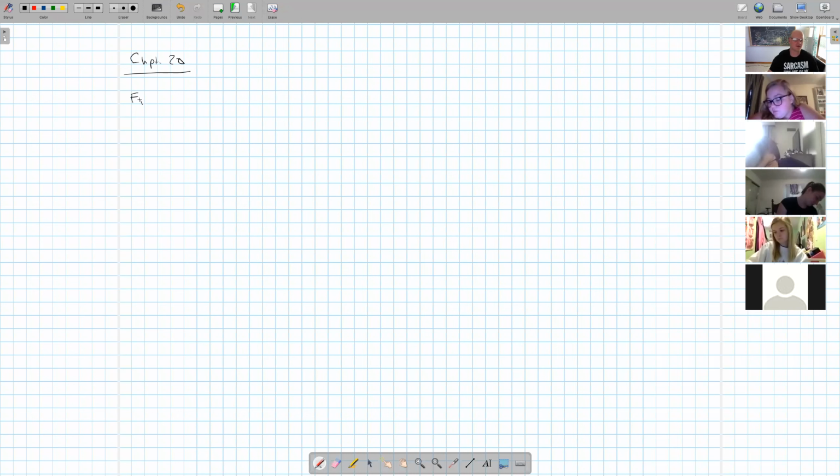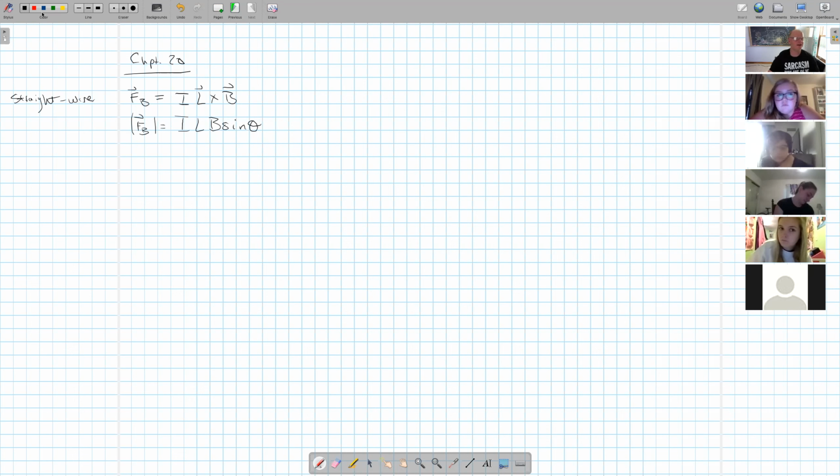So here we first looked at magnetic force. So we said the magnetic force on a wire. So this is for a straight wire. It is equal to, in vector form, the current times the length crossed by the external magnetic field, or magnitude-wise, this is equal to the current times the length times magnetic field times sine of the angle between the two.